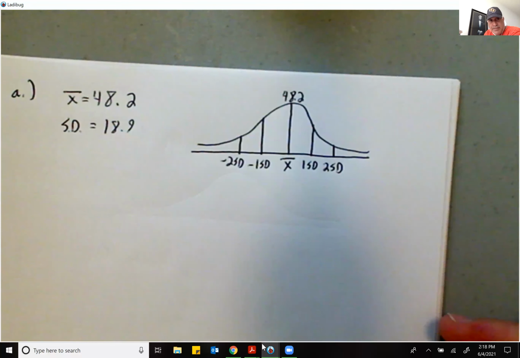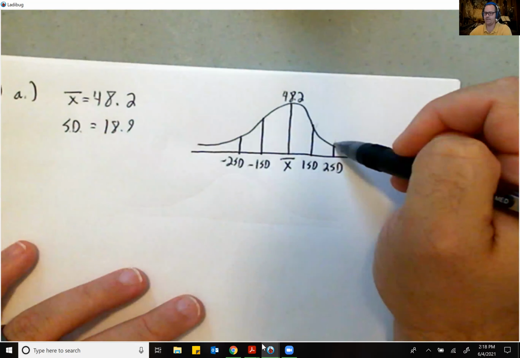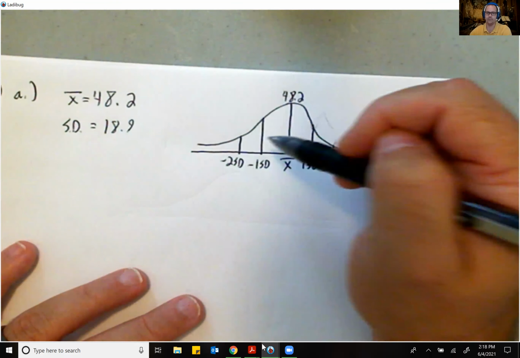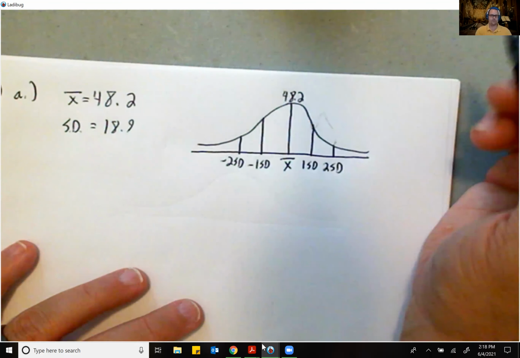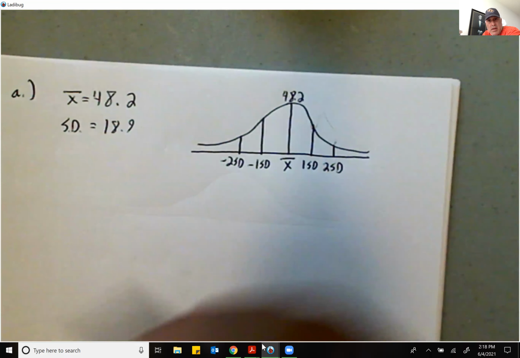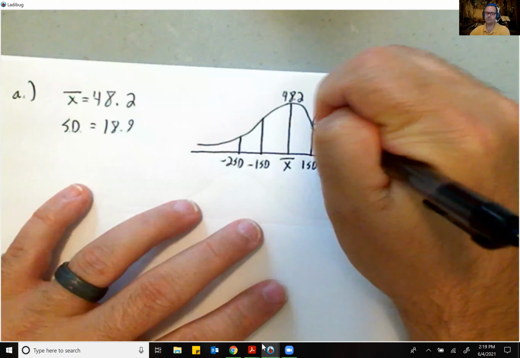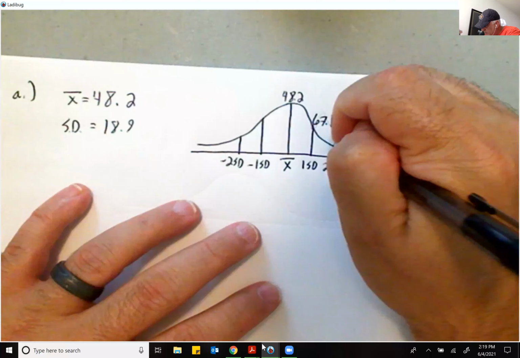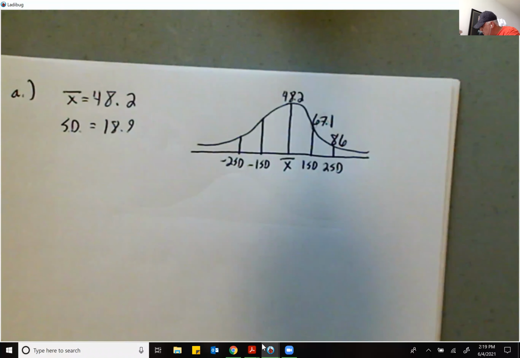You're adding 18.9. Every jump is an 18.9, either adding when you're going above or subtracting 18.9 when you're going below. So what is 1 standard deviation above? 67.1. What is 2 standard deviations above? 86. Okay. What is 1 standard deviation below?